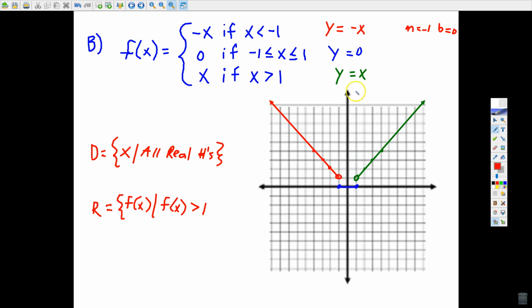Okay, so that takes care of just about all the numbers in the range, and then we've got this one other piece that involves where f of x is actually 0. And we're done. So it's going to take you maybe a little practice, but you'll get used to seeing how to determine the domain versus how to determine the range.